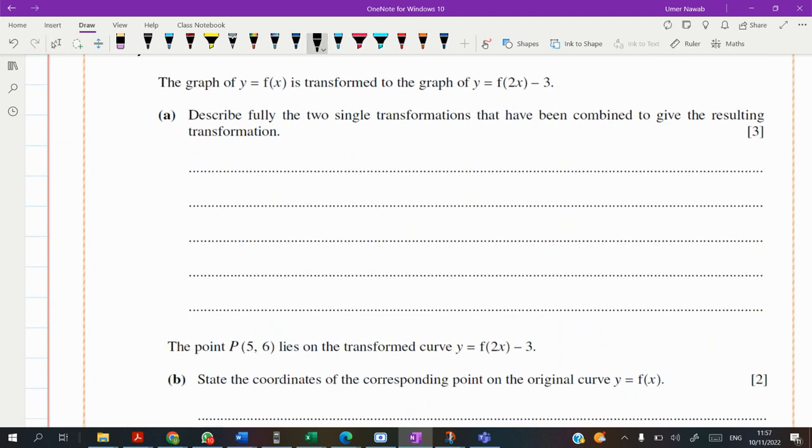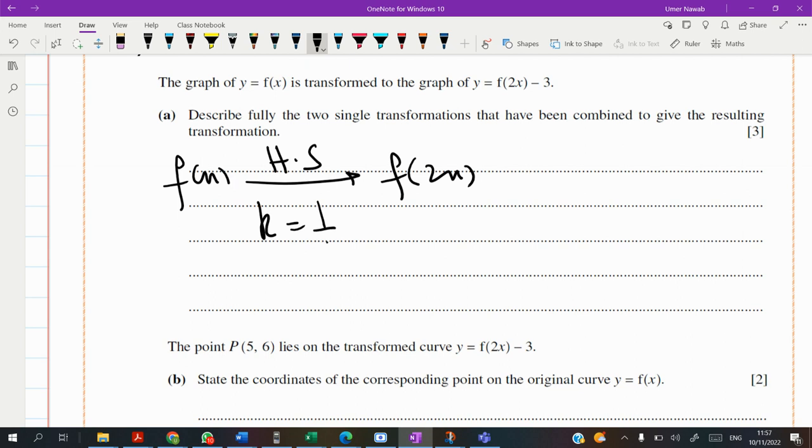And then he told you that f of x goes to f of 2x. So this is a horizontal stretch with a scale factor of half. And then vertical translation (0, minus 3). So f of 2x minus 3.